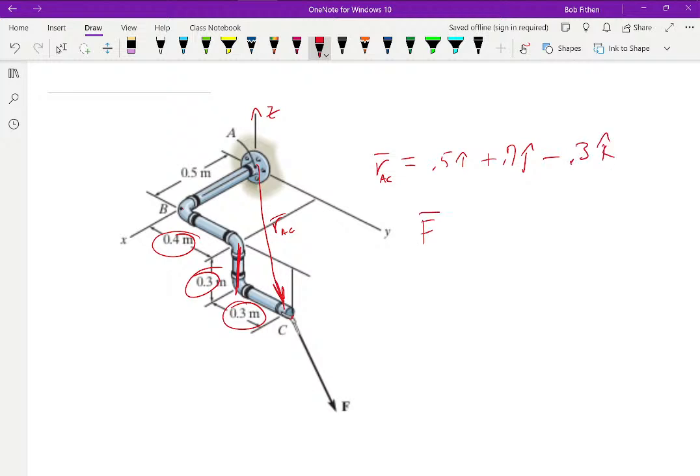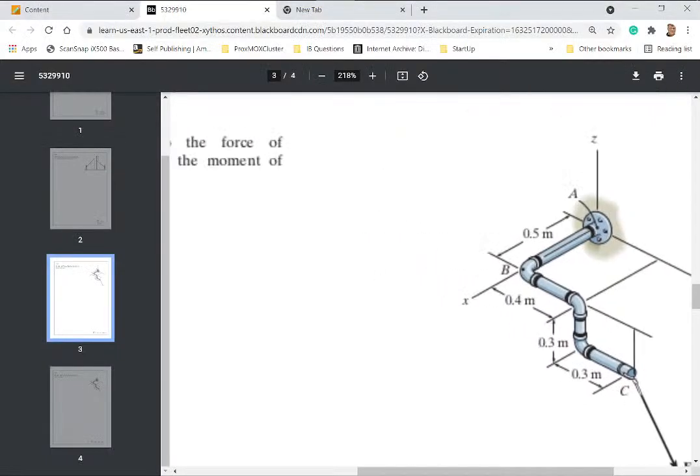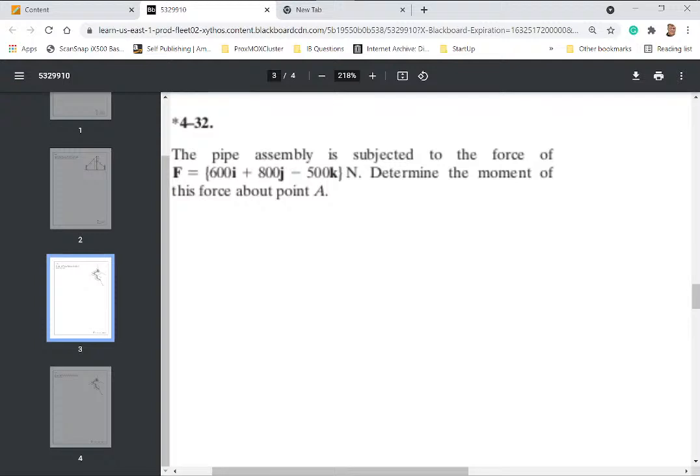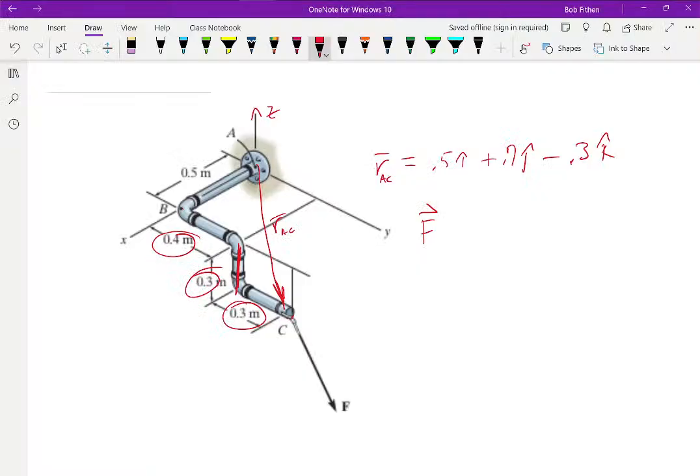And then F, which I've forgotten, was 600, 800 minus 500.